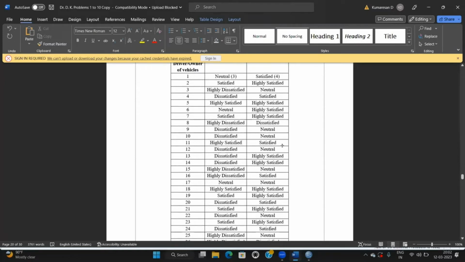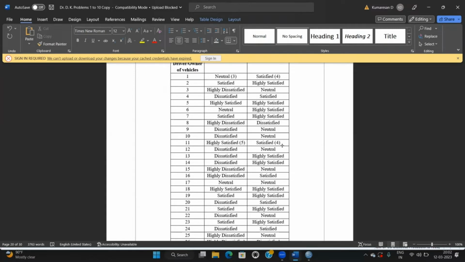See here, for the 11th driver, the satisfaction level before is highly satisfied, so we assign 5. But after implementation, the level is just satisfied, so the value is 4. So the after value is less than the before value. It is called a negative rank.